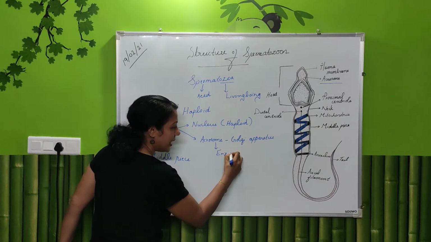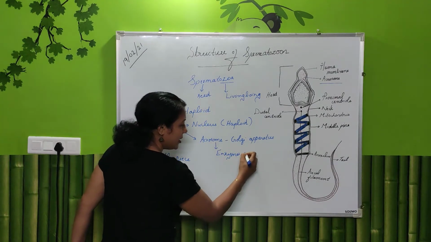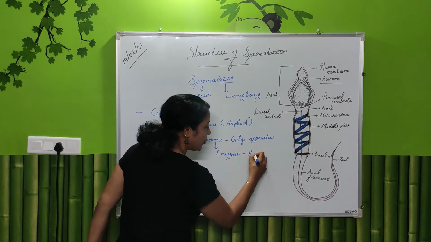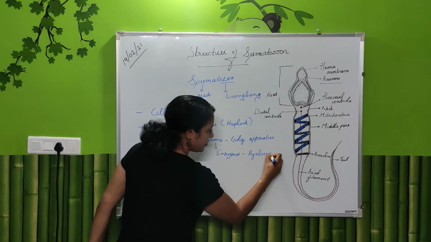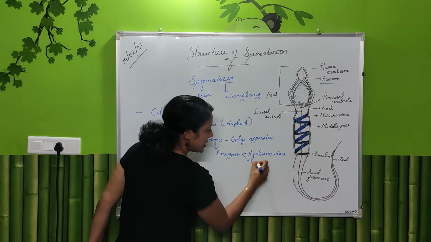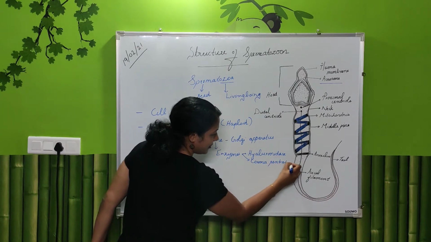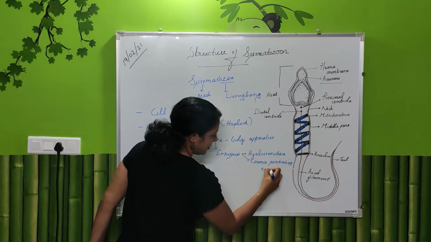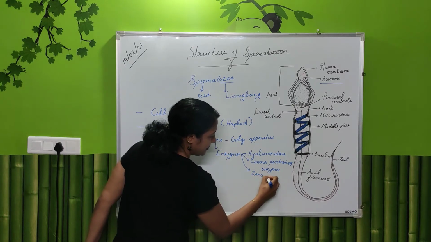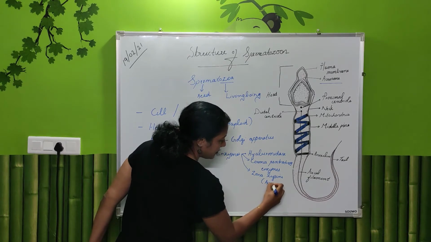Now which are the enzymes present in acrosome? We have hyaluronidase, corona penetrating enzyme, and one more, zona lysin. Otherwise we will call it acrosin.